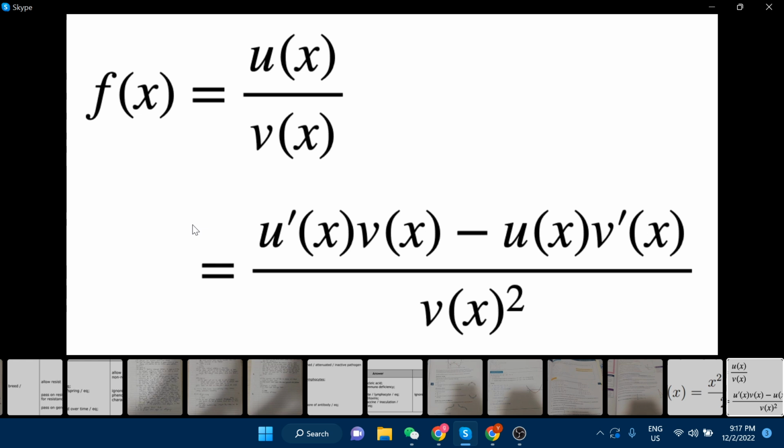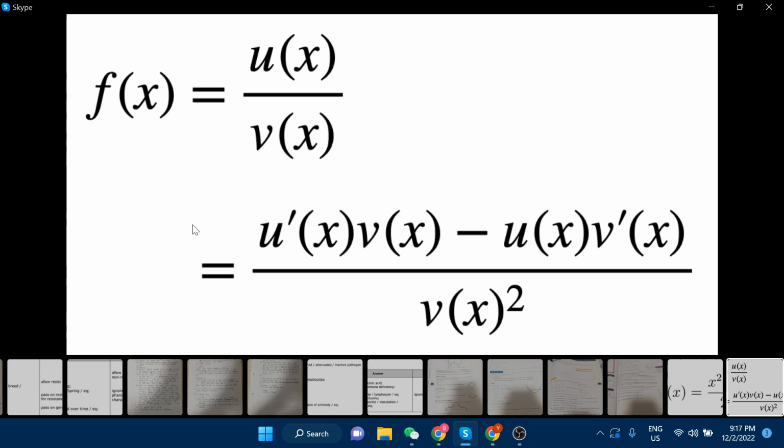Wait, when I differentiate it, do I differentiate the top and the bottom individually? Are you doing it the way I sent you, or the way that we used to do it before? I'm confused because is u of x just the original top part or the differentiated top part?